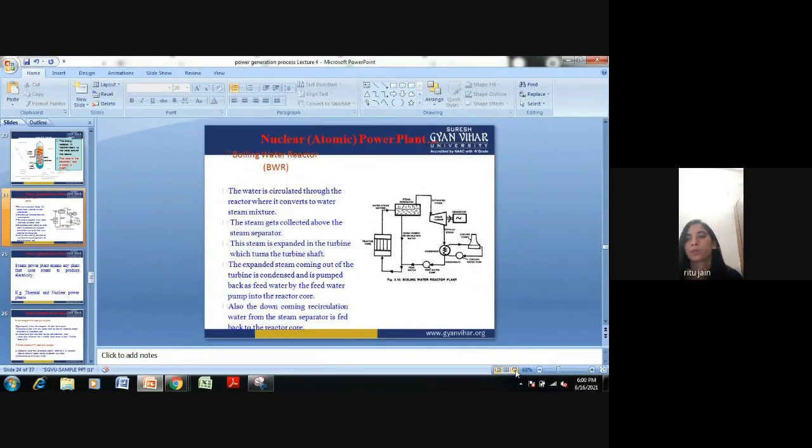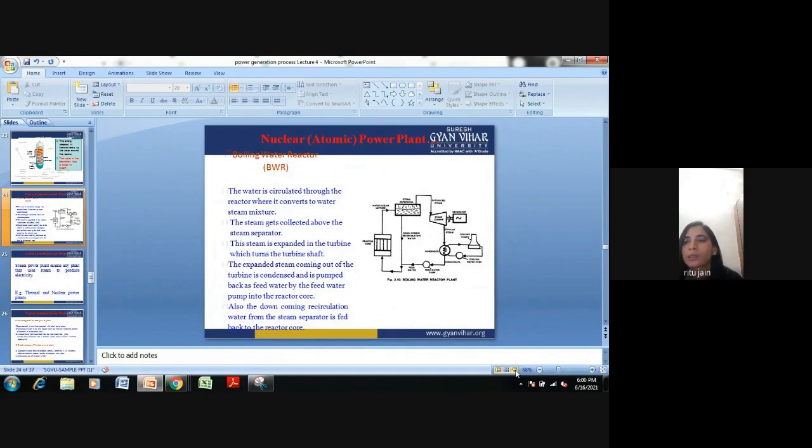It is already known that in a thermal power plant, we were converting water into steam. In this boiling water reactor, the water is converted into steam.